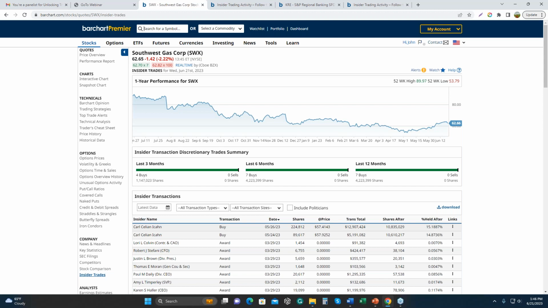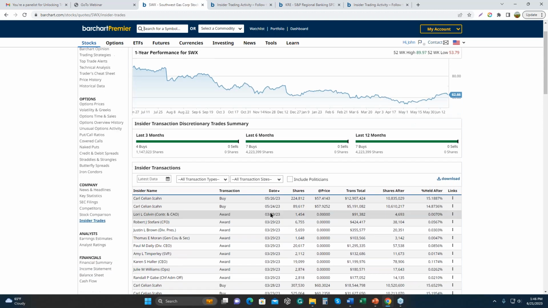for Southwest Gas. And again, we have a large American shareholder, but this large American shareholder is named. In this case, it's Carl Icahn. Now, if you're not familiar with Carl Icahn, he's known as a corporate raider, but he doesn't like that terminology. He calls himself a shareholder advocate.